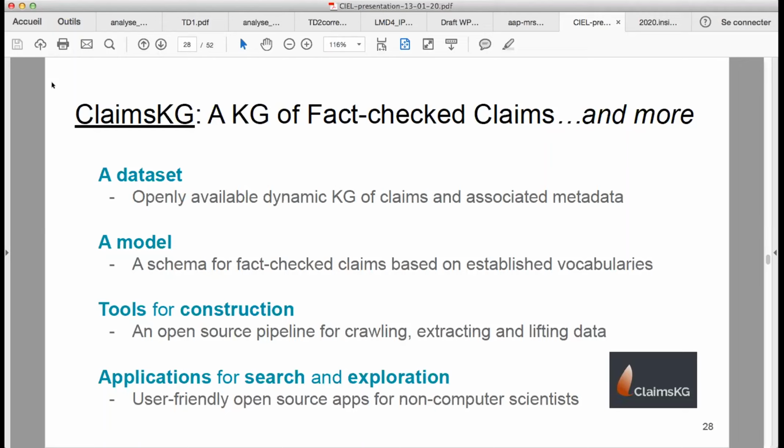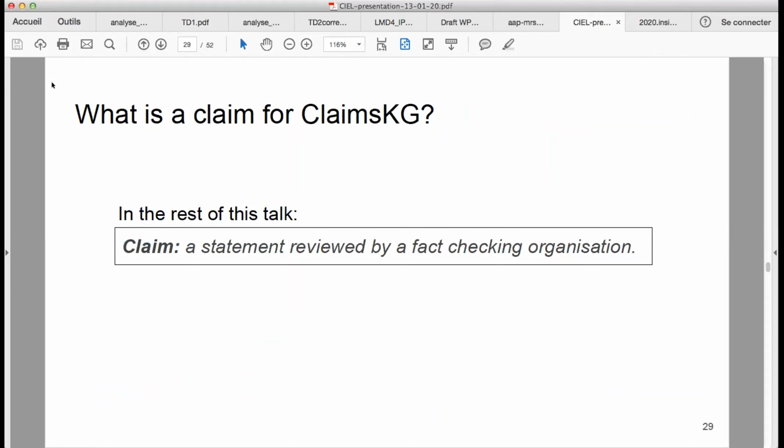And it also comes with a bunch of web applications that allow to search our data and explore it, for example, to answer information needs such as the ones that I have mentioned a couple of slides just a minute ago. So to make it simple, in this part of my talk, when I refer to a claim, I mean a statement that is reviewed by a fact-checking organization.